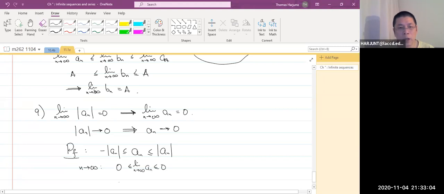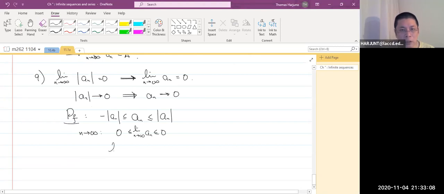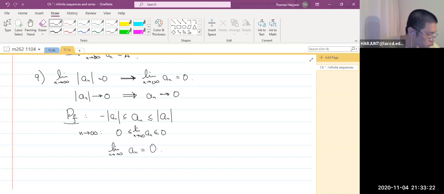So the only way that can happen, a sub n goes to 0 also. This is not true if the limit of the absolute value is not 0.